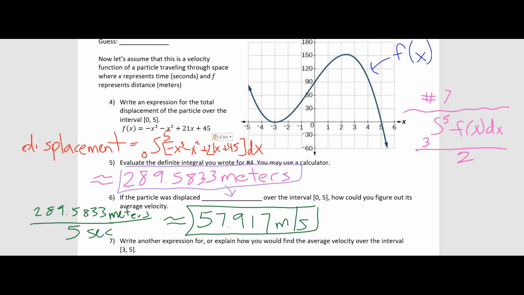Now, again, a couple other ways we could write this. We could say the integral with limits 3 to 5 of f of x dx, and instead of dividing by 2, we could just multiply by 1/2.